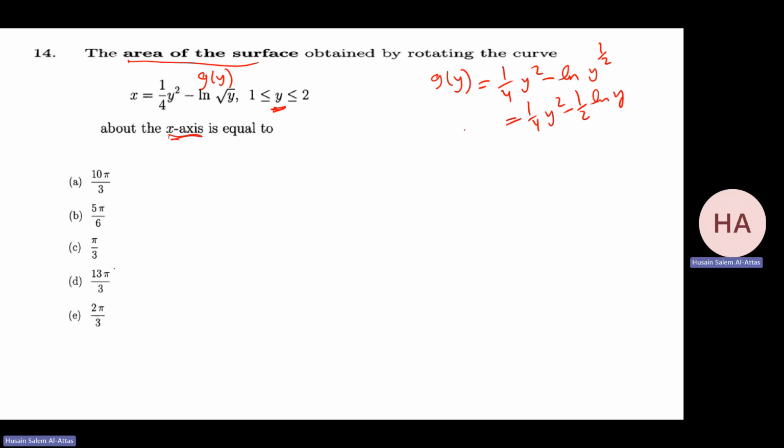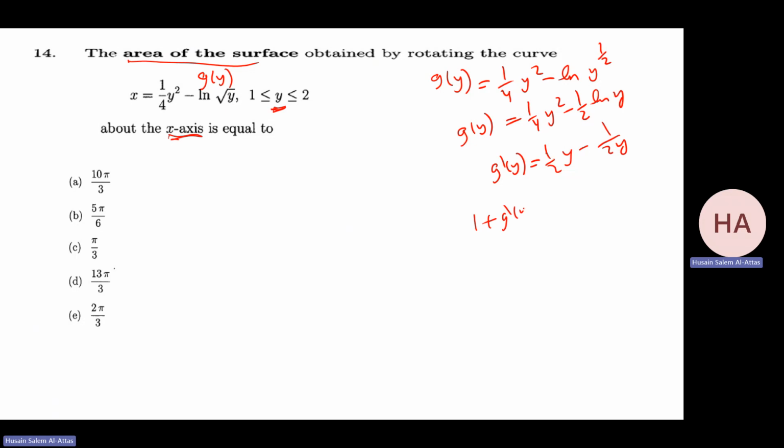I think we write it this way is better. Now find the derivative. That will be what? Half y minus 1 over 2y. Is it? Yeah, half y minus half 1 over 2y.